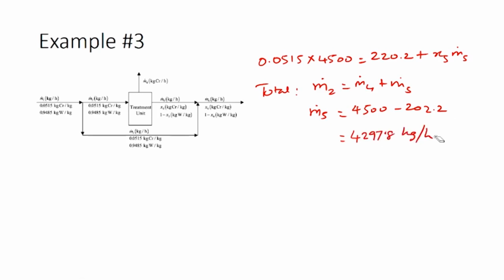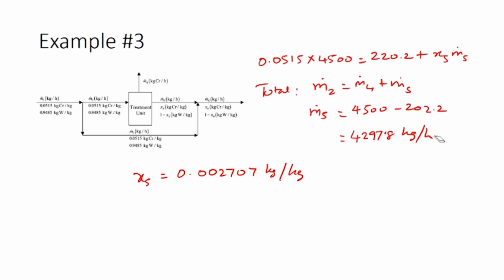Substituting the value for M5 dot in the chromium balance equation, we end up with X5, the mass fraction of chromium in stream 5 leaving the treatment unit, as 0.002707 kilograms per kilogram. Now we have M5 dot and the mass fraction of chromium, so we can also calculate the mass fraction of water, which is just 1 minus the mass fraction of chromium.